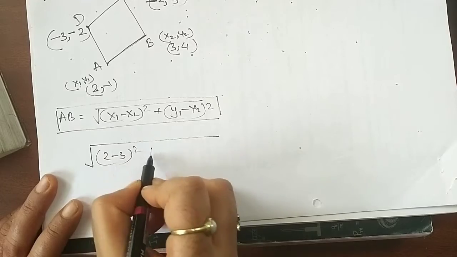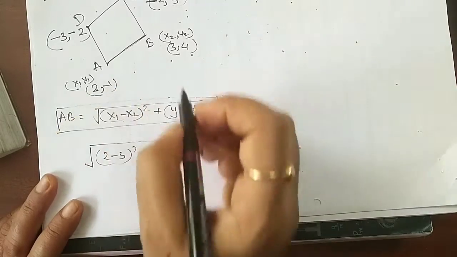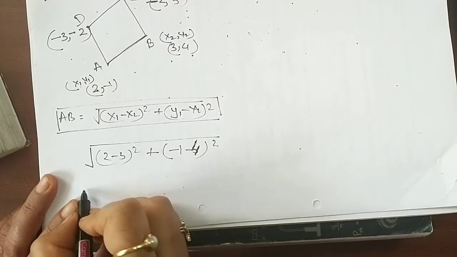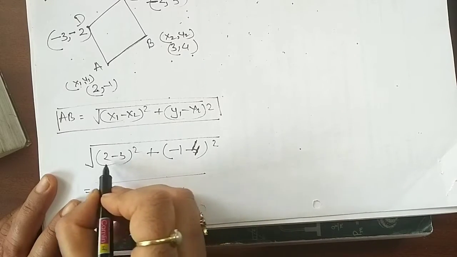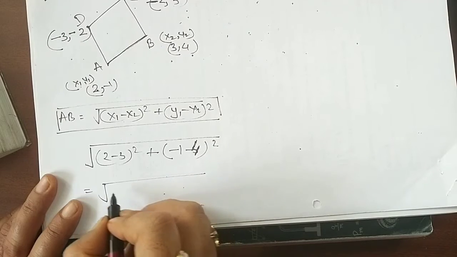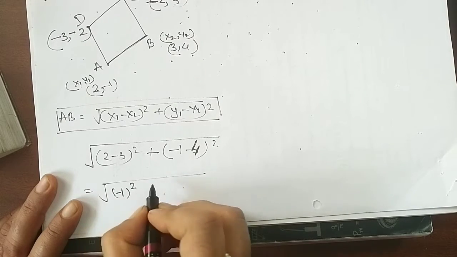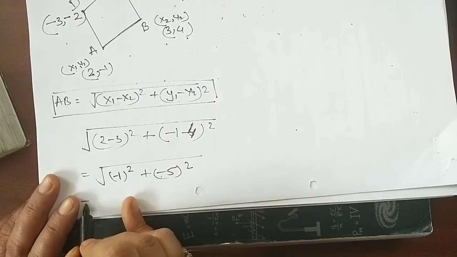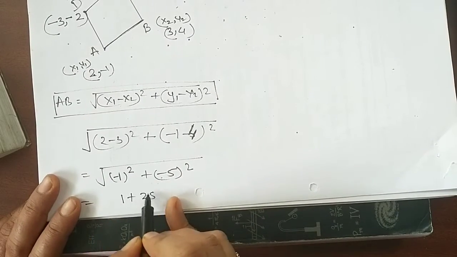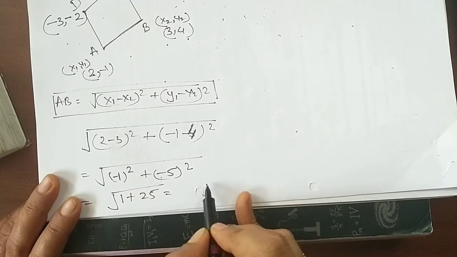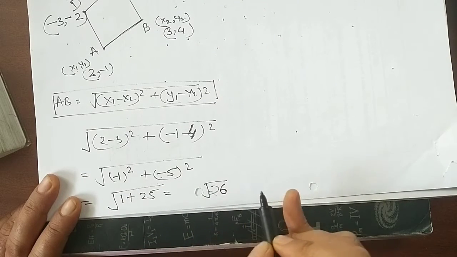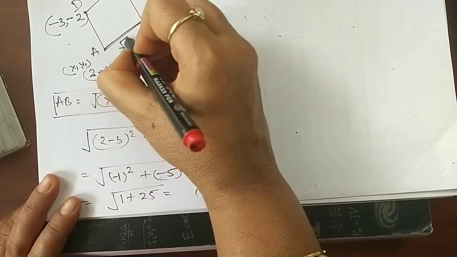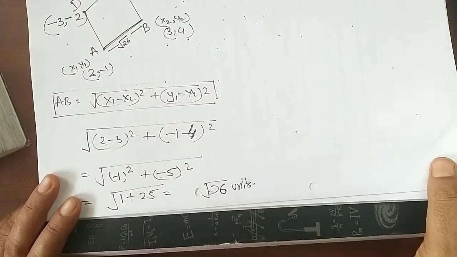So 2 minus 3 square plus y1 minus y2, so minus 1 minus 4 square. Now what is 2 minus 3? This is minus 1 square and this is minus 5 square. So minus 1 square is 1, and 25. Under root I am getting 26 units. So this is my AB. Let me write it down. Perfect.